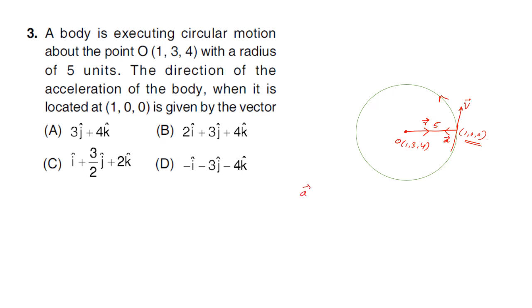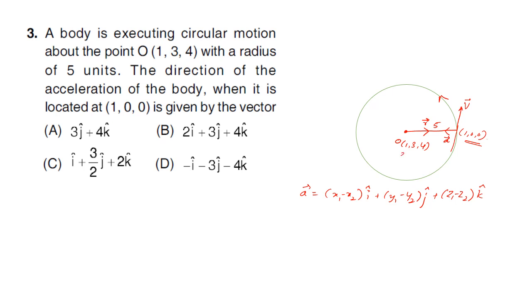Therefore, here we have to find direction of acceleration at 100. So acceleration is given by x1 minus x2 I plus y1 minus y2 j plus z1 minus z2 k.